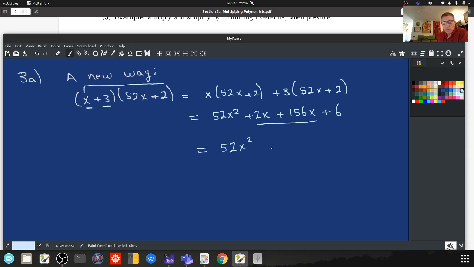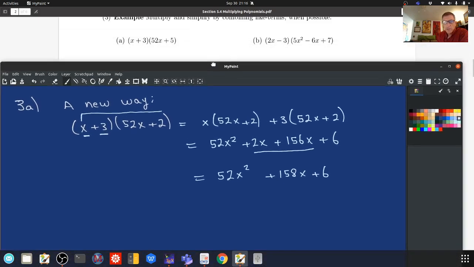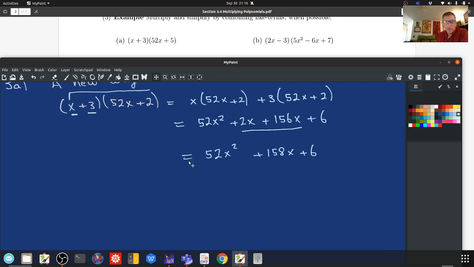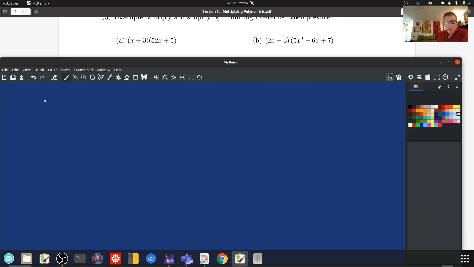And this method works for every type of multiplication of polynomials. In particular, 3b. FOIL only works when there are two binomials. Well, this is a binomial and this is a trinomial.